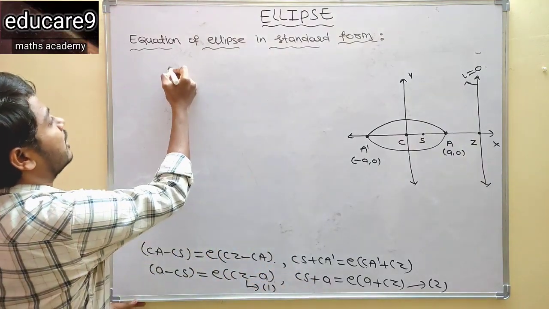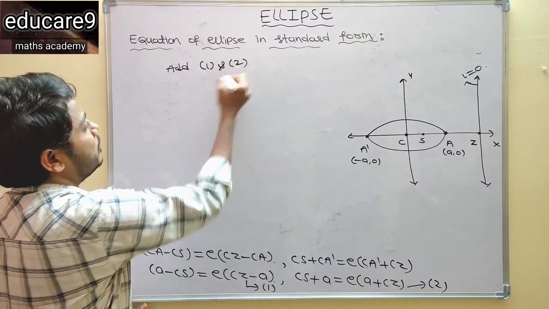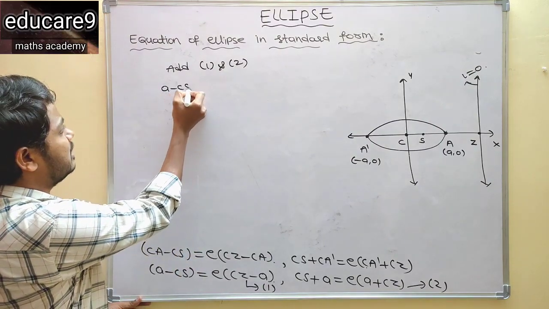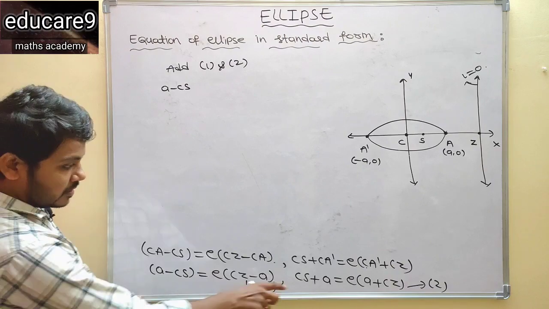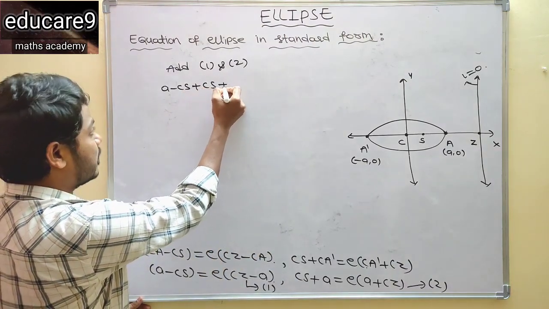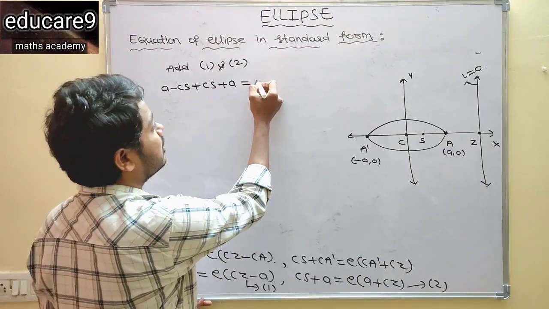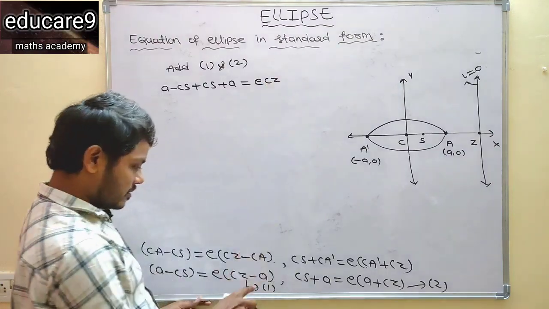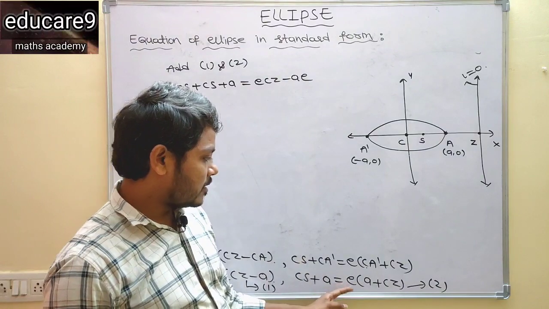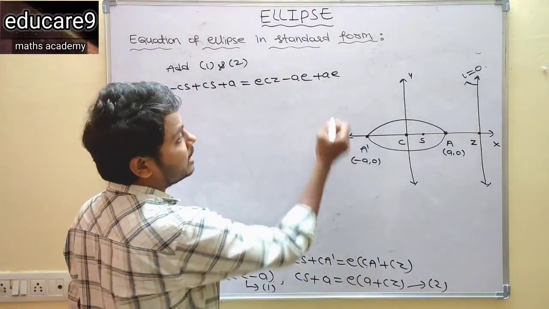So here add 1 and 2. See here, that is a minus CS on the LHS plus CS plus a. This is equal to the RHS: e into CZ minus ae, next plus ae plus e into CZ.